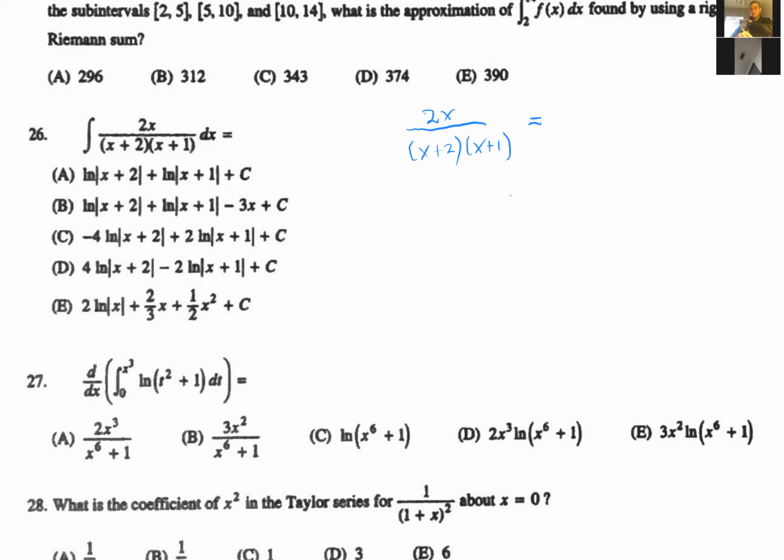This is going to equal some constant over x plus 2 plus some constant over x plus 1. So if you want to solve for a, I'm going to be focusing on this here to solve for a.